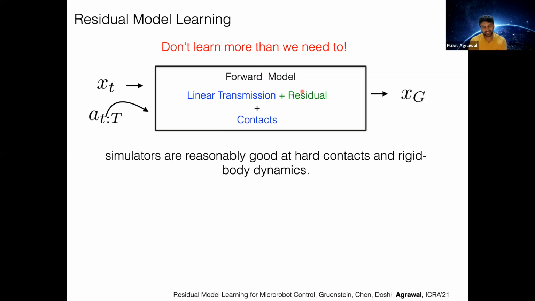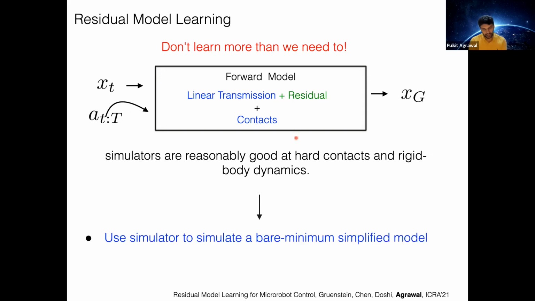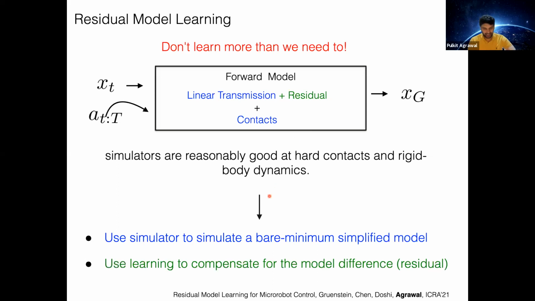And I can just learn the residual in my transmission dynamics. So I can use the simulator to simulate a bare minimum simplified model and just use learning where it is required. That is to compensate the model difference between what would have happened if I used a complex model versus what happened if I used a simple model. So I don't need to relearn the simple model. And that can give us some data savings.